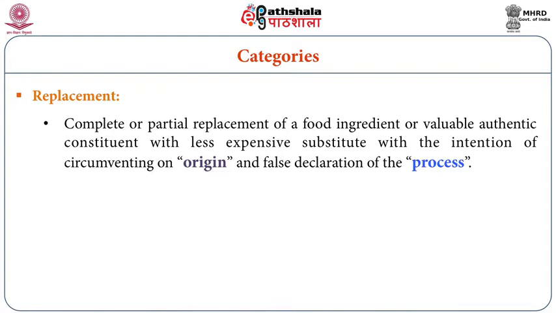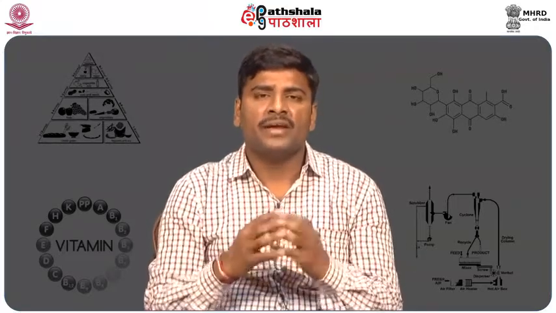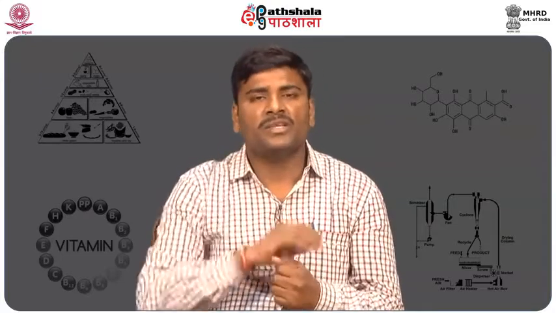For example, for partial replacement, artificial or imitation milk is prepared. They use a certain portion of milk, say 20% or 30%, and the remaining 70% will be adulterated ingredients. That is a partial replacement. In case of removal, the price of milk depends on the fat content in it.